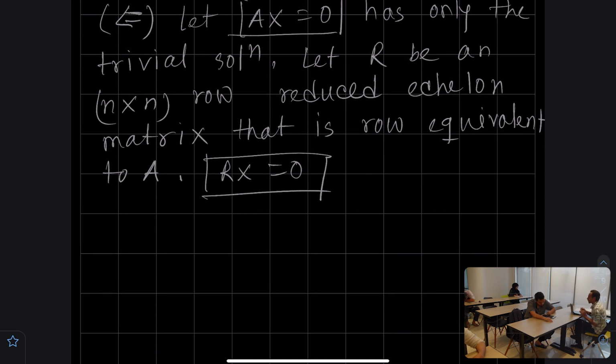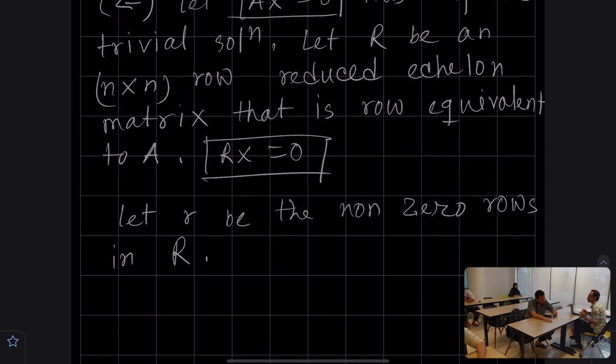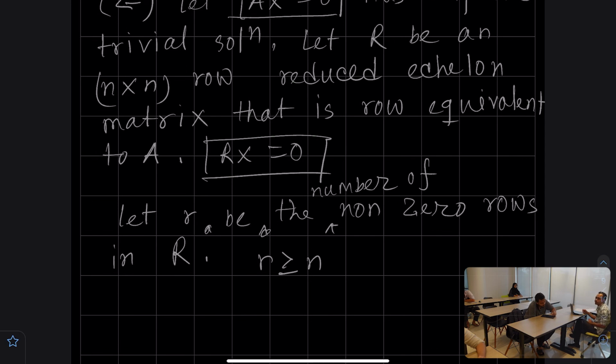Let r be the number of non-zero rows in the matrix R. Then from the previous remark, it follows that r is greater than or equal to n.